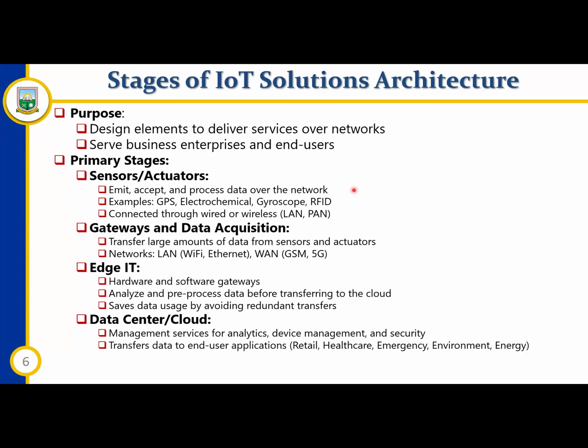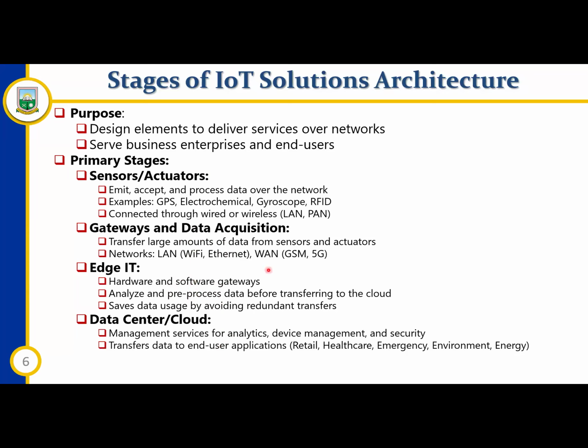In this case, it can deliver service over the network and also serve the needs of the future. There are stages of IoT that provide the architecture itself. The following are the primary stages or layers, as you can see over here, of IoT that provide the solution for the IoT architecture itself.